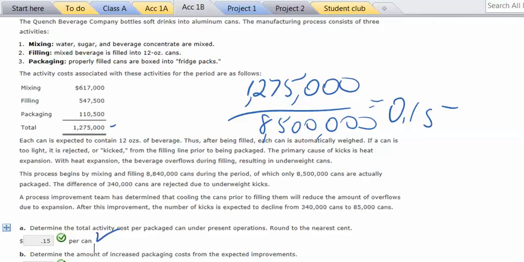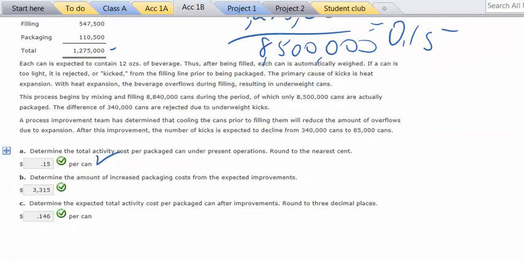Next, determine the amount of increased packaging costs for the expected improvement.